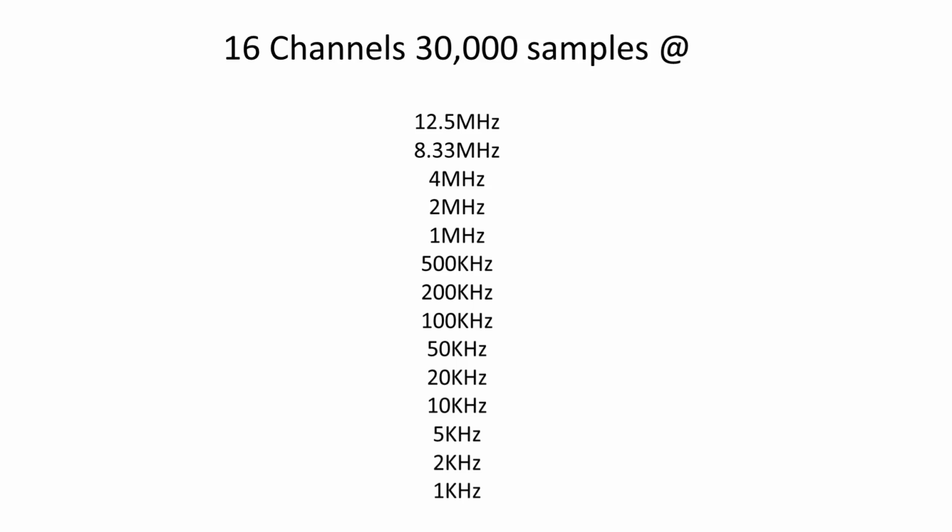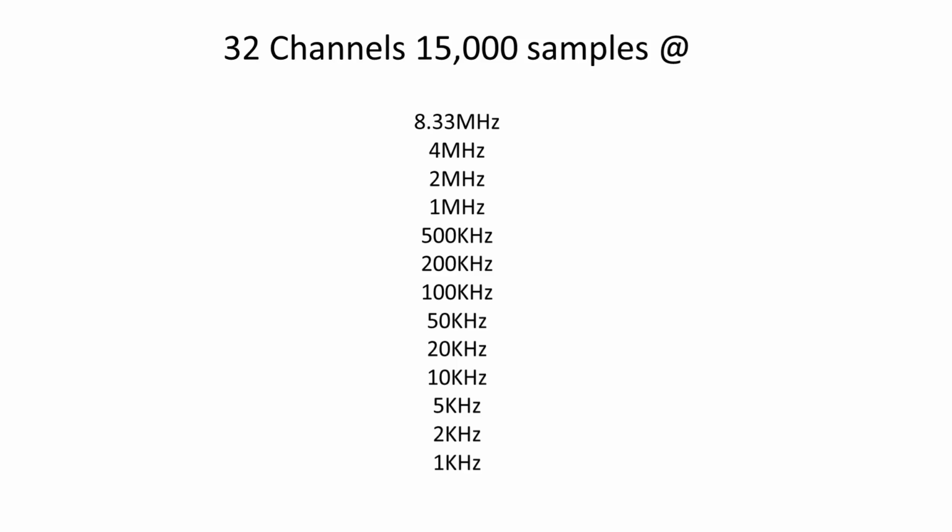I think that's 8 cycles at 100 MIPS. So you get 12.5, which is okay. It's a bit faster, and 8.33. And all the rest are nice round numbers. If you're in 32 channel mode, you can only get 15,000 samples because there's twice as many channels but the same amount of memory. But you can't do that at 12.5 megahertz.